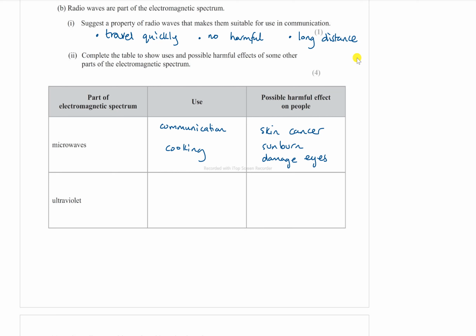Right, ultraviolet is used for tanning. Okay, it's used for fluorescent lamps. I know that.